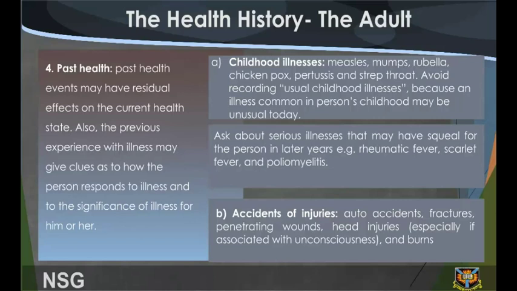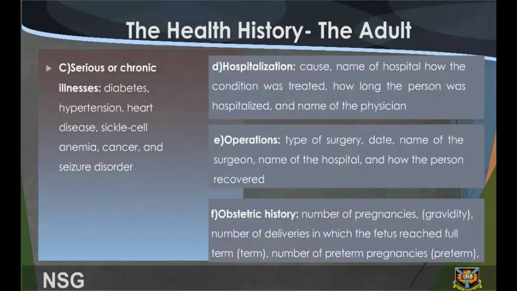B. Accidents or injuries: auto accidents, fractures, penetrating wounds, head injuries, especially if associated with unconsciousness, and burns. C. Serious or chronic illnesses: diabetes, hypertension, heart disease, sickle cell anemia, cancer, and seizure disorder.